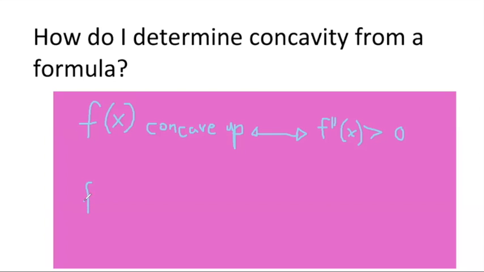And f of x concave down is the same as saying that f double prime of x is negative. So we have this relationship that you can determine the concavity of f of x by looking at the sign of the second derivative at a particular number. This is definitely one of the things that's worth writing down and making a note of because it's extremely important.